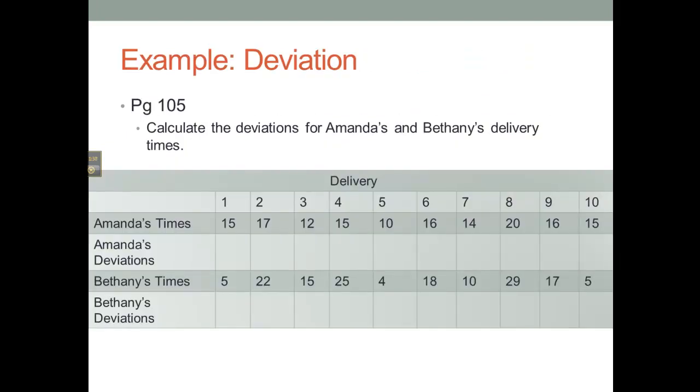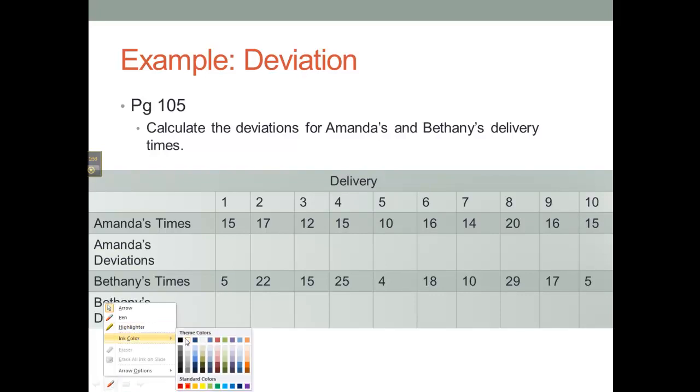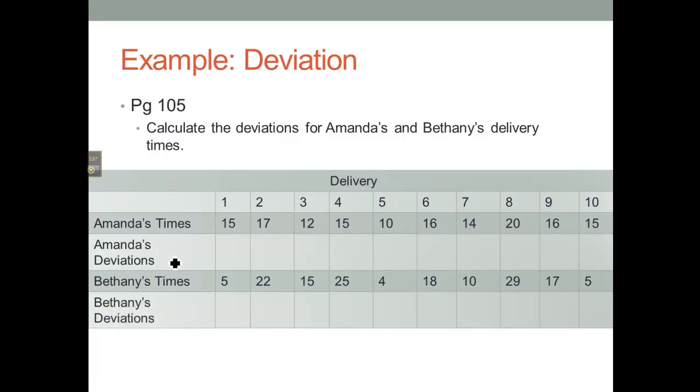We're going to calculate the deviations for Amanda and Bethany's delivery times. So first we need to calculate the mean. So I'm going to pause the video and get that done. All right, so Amanda's delivery times, actually, we're going to consider this a population.